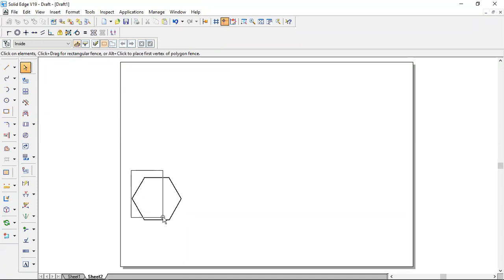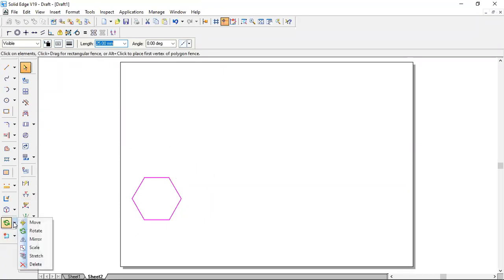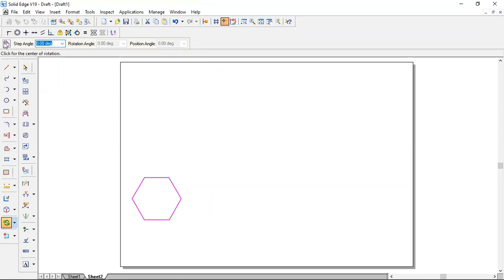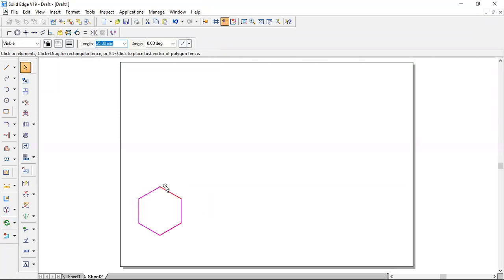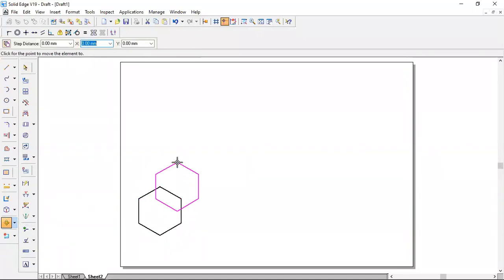But the hexagon, as I constructed it, is resting on a corner. So this orientation is resting on a corner, and it has to be rotated, rotate without copy. Okay, like this. Then you can move it near to the XY line, a little bit up, here.